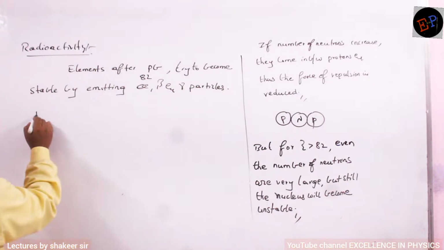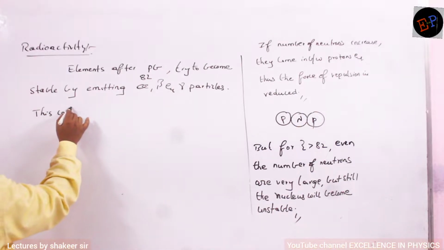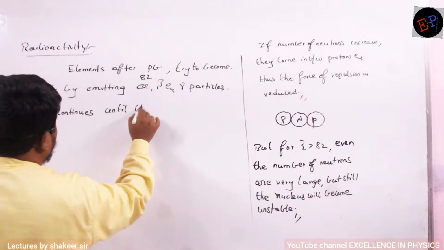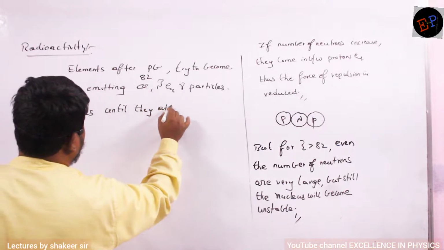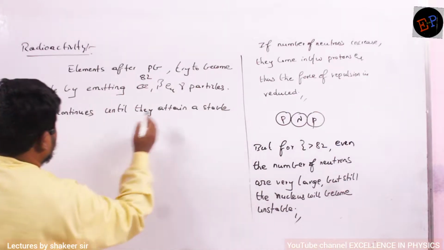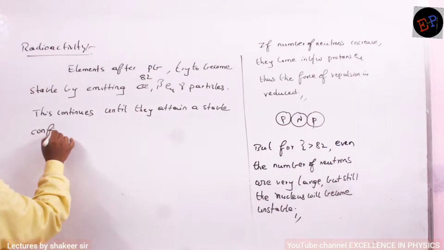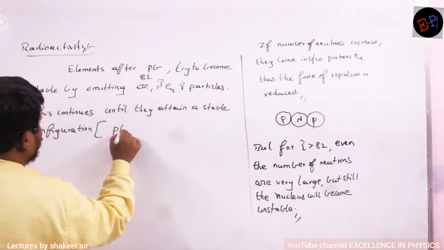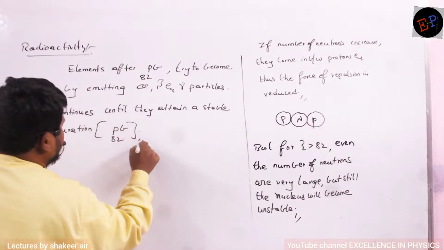This continues until they attain a stable configuration. And what is the stable configuration? Definitely plumbum 82 is the stable configuration.